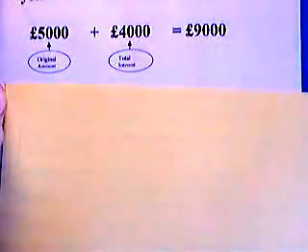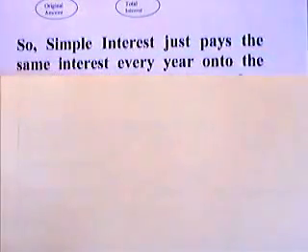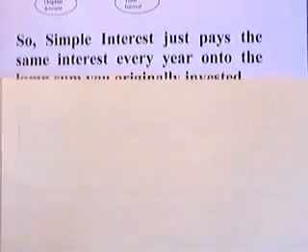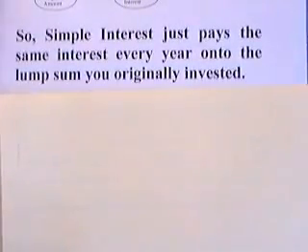Okay, that is the simple interest calculation. So simple interest just pays the same interest every year onto the lump sum that you originally invested. It's very, very easy. Okay, now let's move on to compound interest.